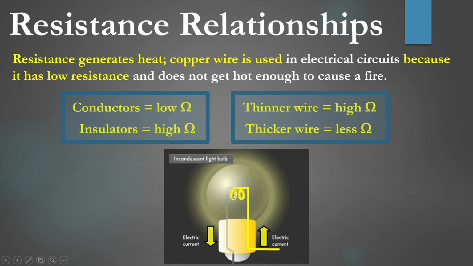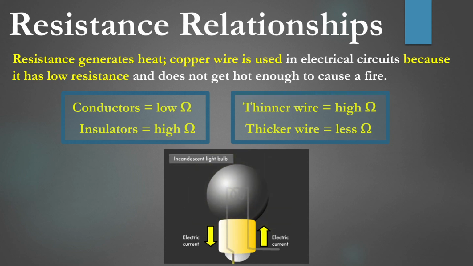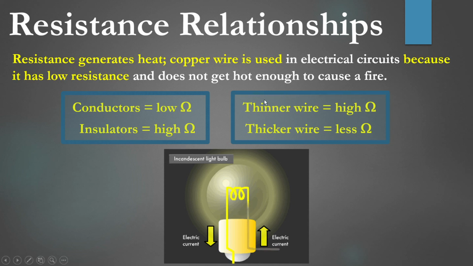And in the case of an incandescent light bulb, your garden variety light bulb, the reason why it glows is because of the resistance. The electrons are being forced into this very thin metal, and it's a metal, so that's a conductor.